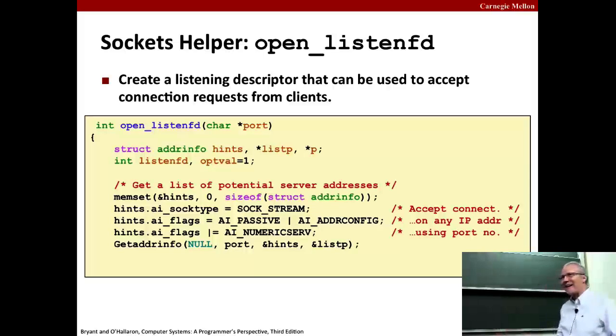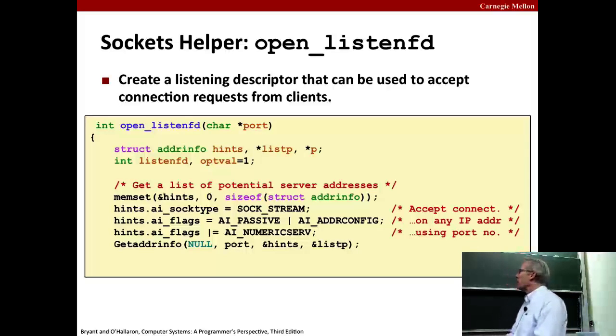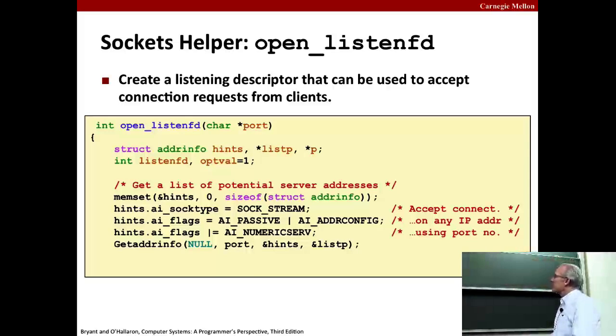So doesn't calloc also zero? calloc will also zero it out, but I'm not actually allocating anything. See, the hints is a struct here. And remember, a struct is just a bunch of bytes. And so if I make that particular call to memset, it will set every byte in that structure to 0. And this is sort of the official standard way you're supposed to do that kind of thing. Those are good questions, though.